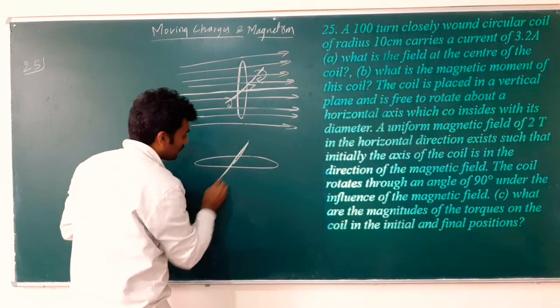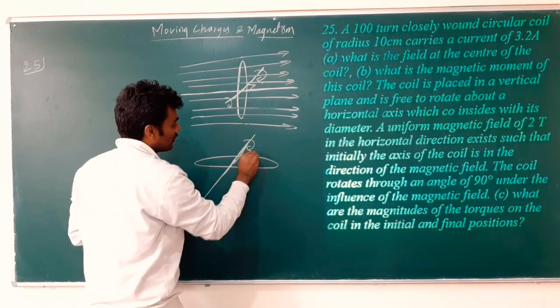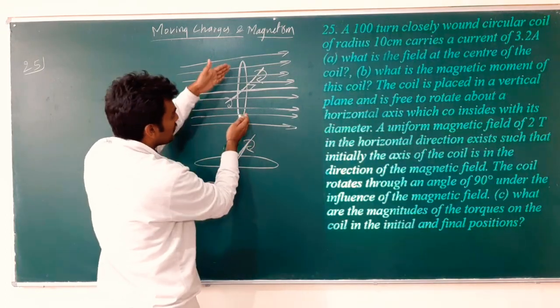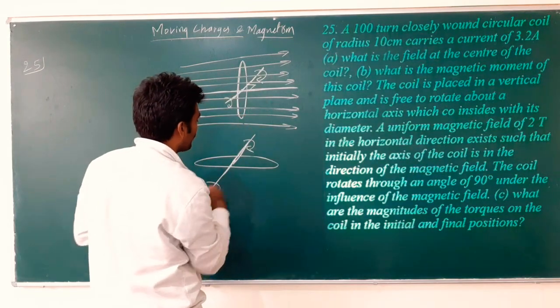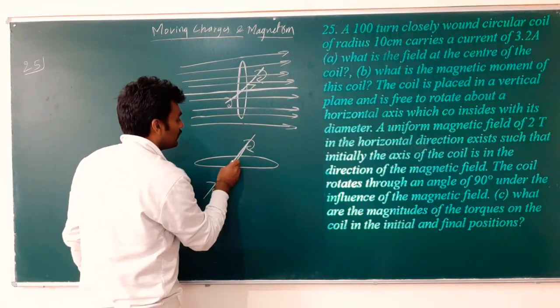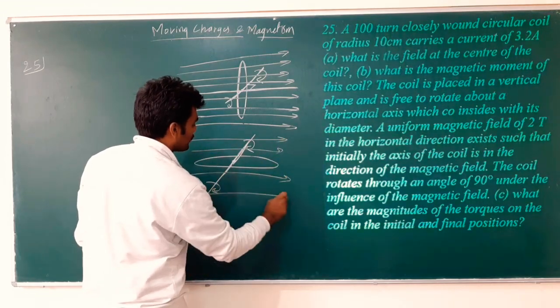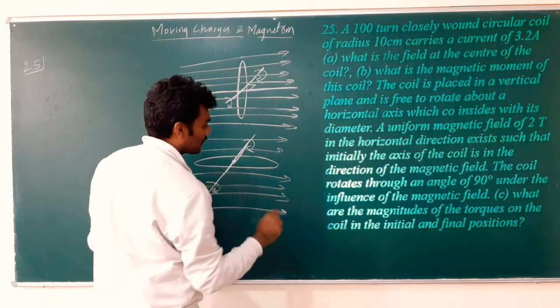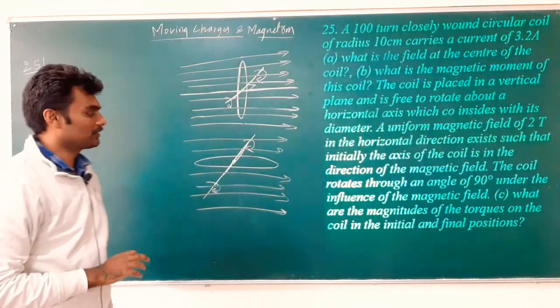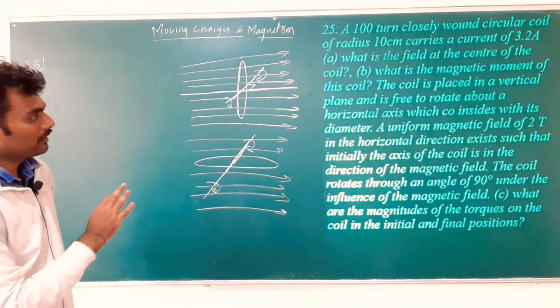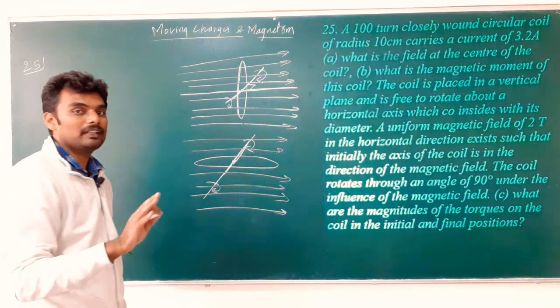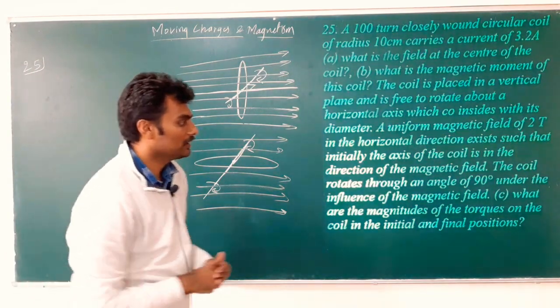It has turned by 90 degrees, and now the magnetic field is still in this direction. So these are the two situations, both of them in 3D. You should visualize them properly.